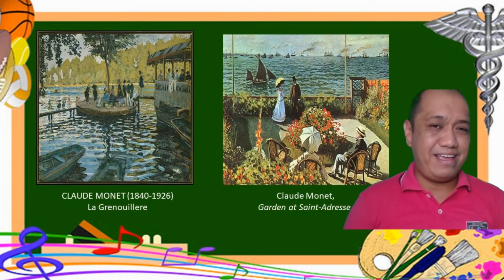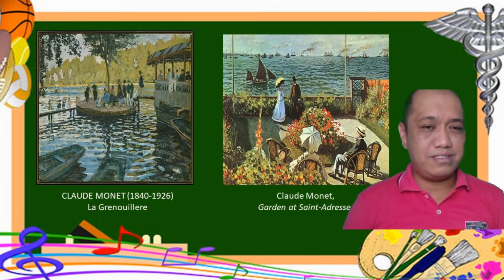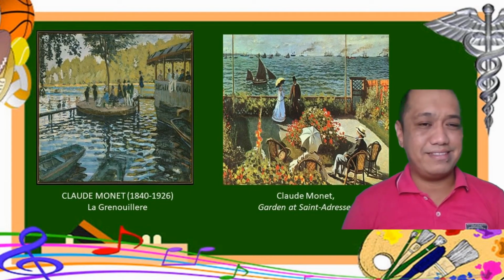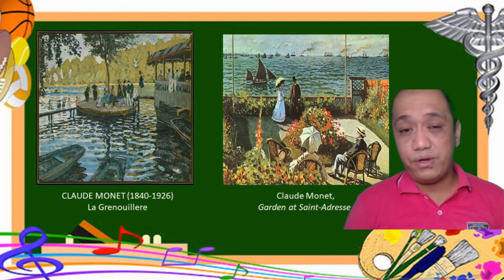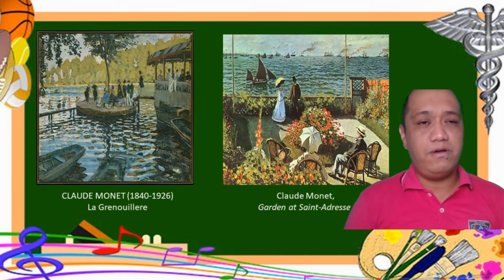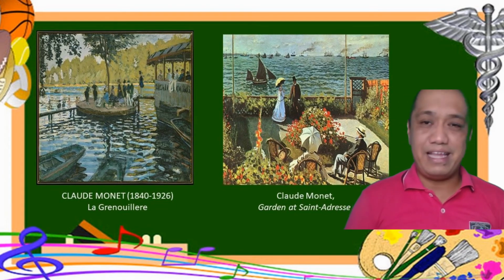Some of those paintings in Impressionism always show that there is a source of light, there is shadow, there is reflection if the subject is water. So some of those paintings are done outside and not in the studio.